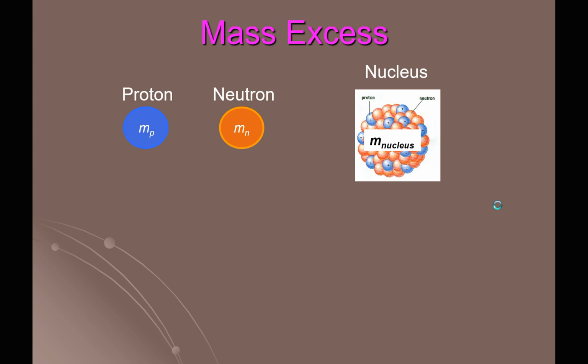So there is a difference in mass, and that difference in mass is going to be called the mass excess, or which we shall sometimes call the mass defect. The difference between the total mass of the individual separate nucleons and the combined mass of the nucleus itself is going to be called the mass excess or the mass defect.